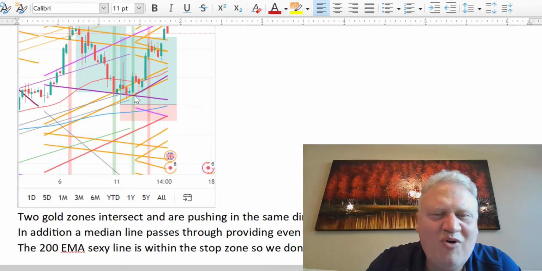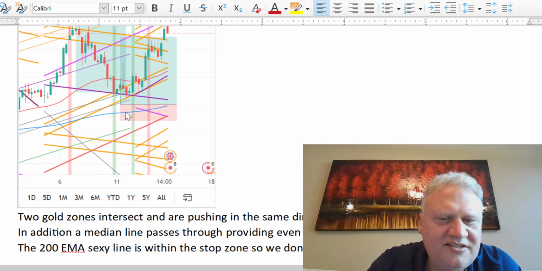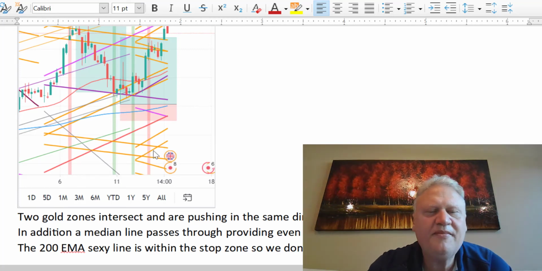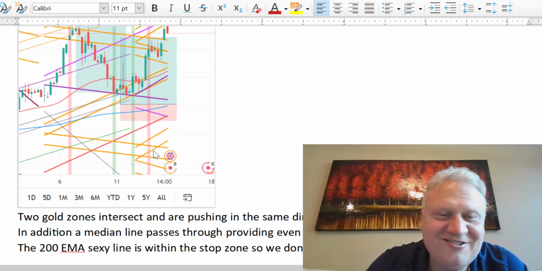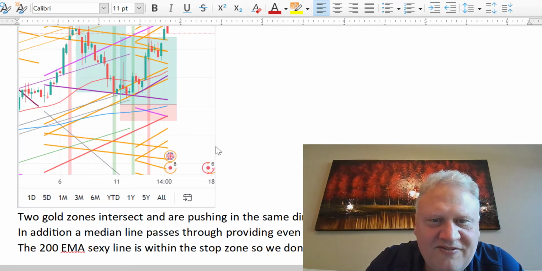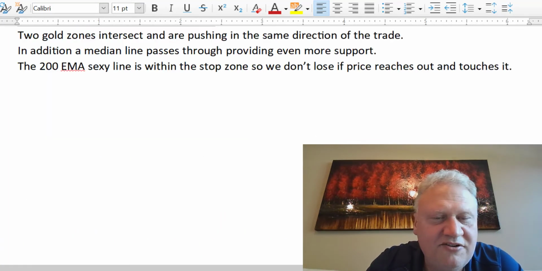And then if that wasn't enough, he's got the 200 EMA sexy line within the stop zone right here. Look at this, 200 EMA, it's within a stop zone. So price did sneak down and want to touch that. He's still okay. So that's a really great trade setup, and of course he makes another 8% on his account.